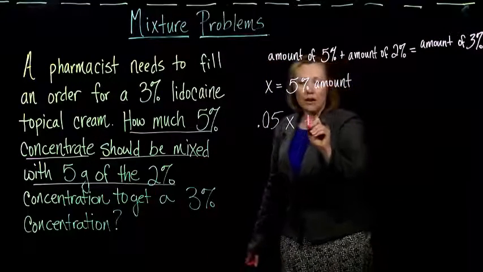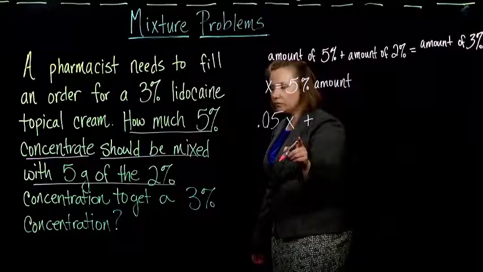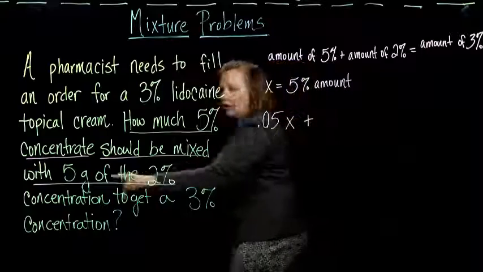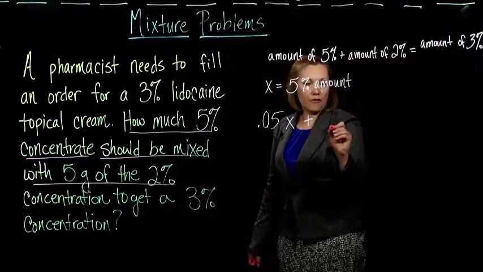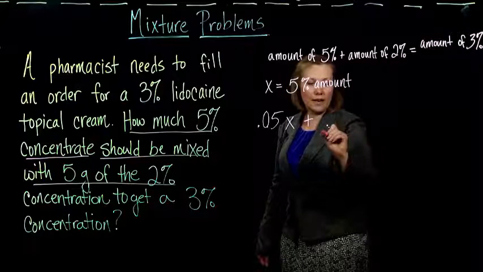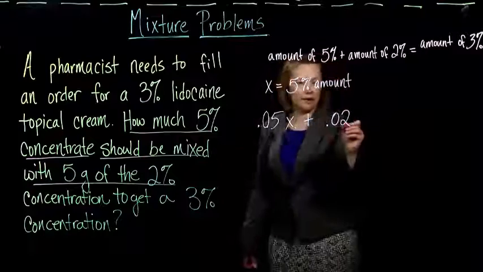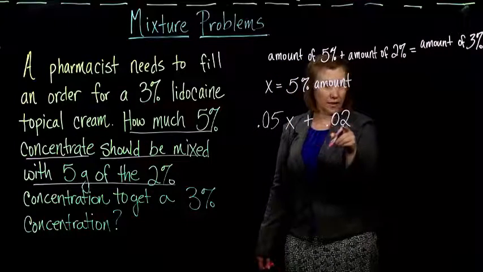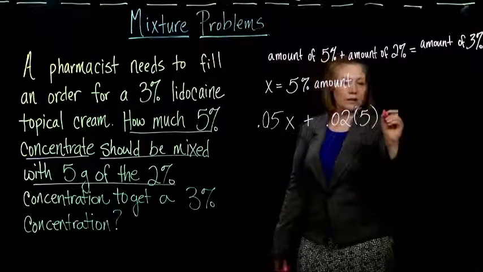And then they gave us a little bit of information. They told us that we had 5 grams of the 2%. If I have 5 grams of the 2%, how much lidocaine do I have there? It's 2% of the 5 grams, which is 0.02 times 5.